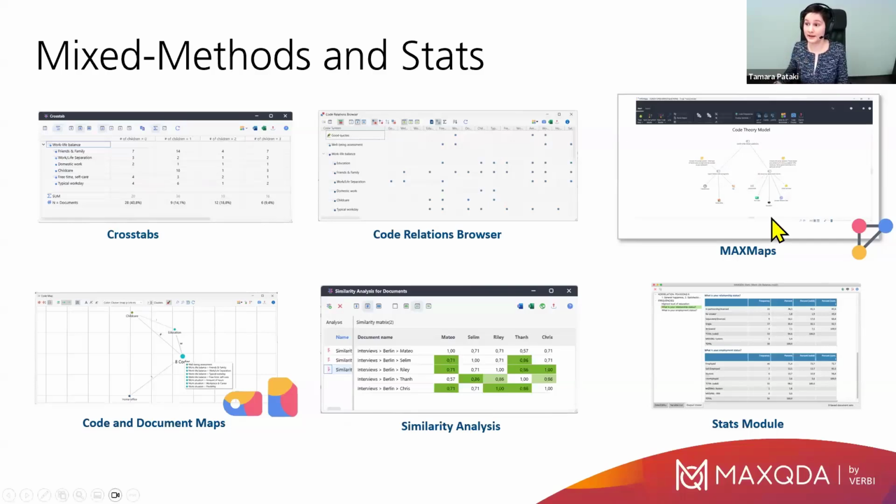You can also build models and maps with the help of Maps, which is a mind mapping tool. We also have code and document maps that allow you to do cluster analysis. You can also create a similarity analysis of your documents based on your coding. And Maxqda also comes with a comprehensive statistical module that allows you to do statistical analysis with your document variables. This is just a short selection to give you an idea what you can do with your codes and variables.